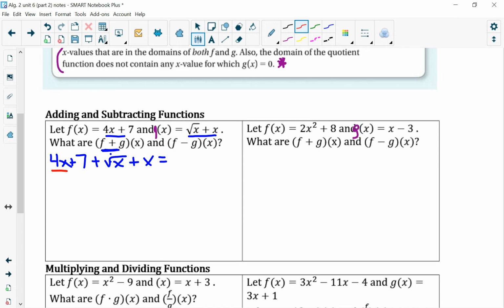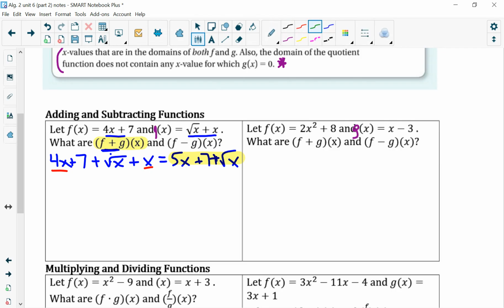The 4x and the x can be combined to make 5x. And then I've got the 7 and the square root of x. So that is my f plus g of x.